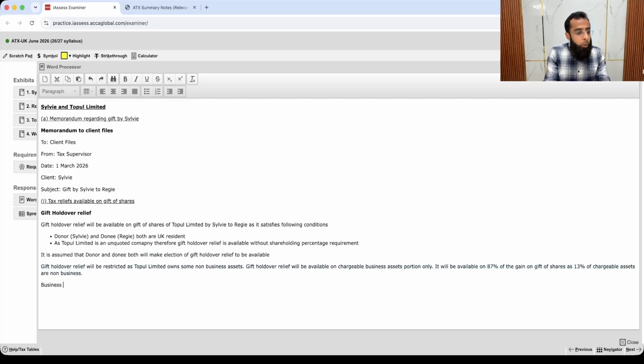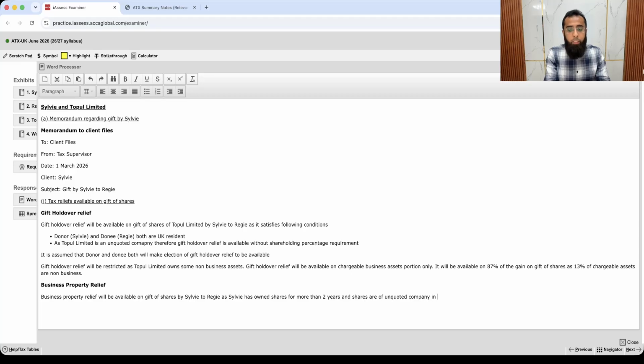Then business property relief. Okay. Business property relief will be available on gift of shares by Sylvie to Regi as Sylvie has owned shares for more than 2 years and shares are of an unquoted company in which no shareholding percentage requirement exists.